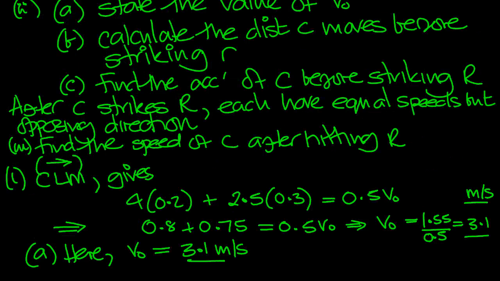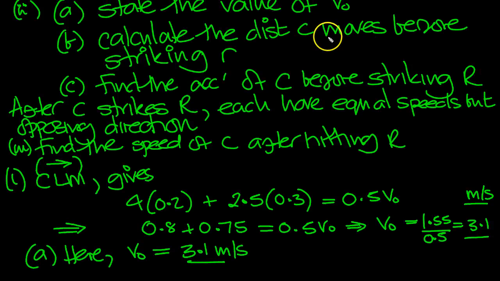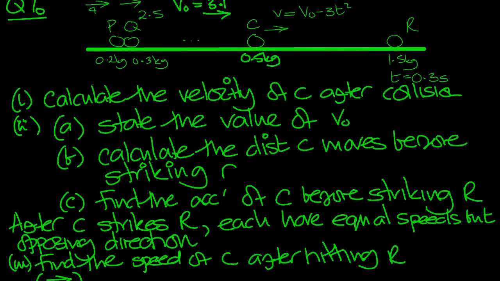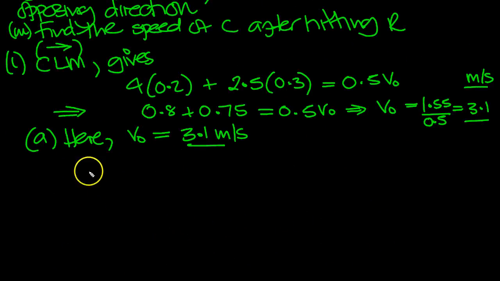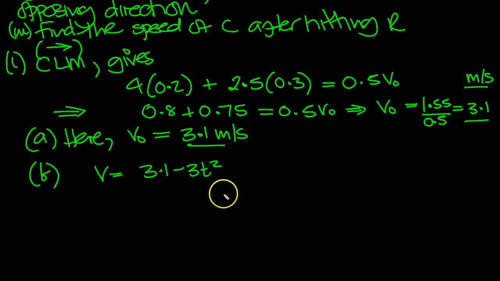Part B then. Calculate the distance C moves before striking R. Well, we know what the velocity is. V is equal to 3.1 minus 3t squared at any given time. That's the velocity.